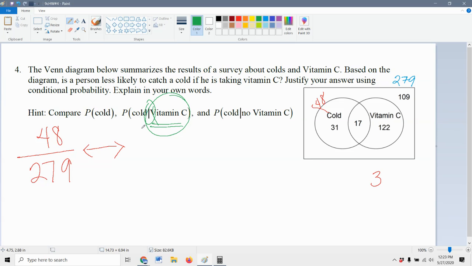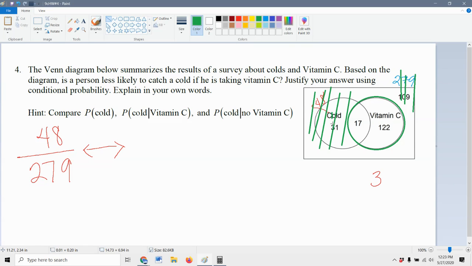So if we're in that given vitamin C category, that means the only thing we're looking at is these numbers. Everything else disappears. We don't look at any other number at all. Only the numbers in the vitamin C category.